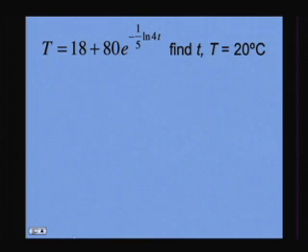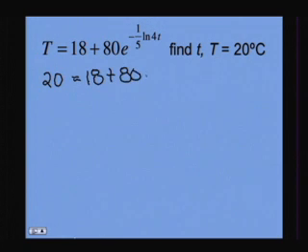So we plug in 20 equals 18 plus 80 e raised to the minus 1/5 log 4 times our unknown t. And that's what we want to solve for.